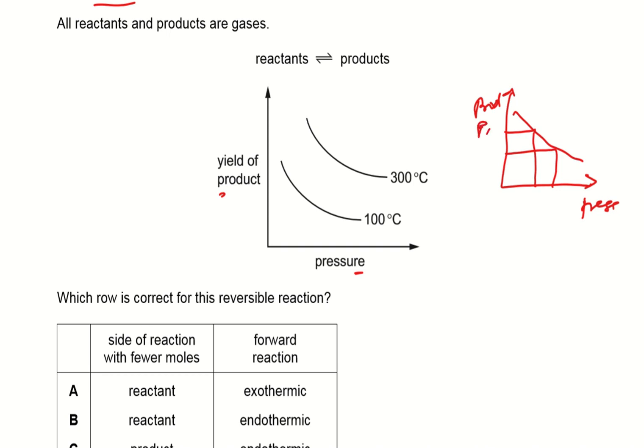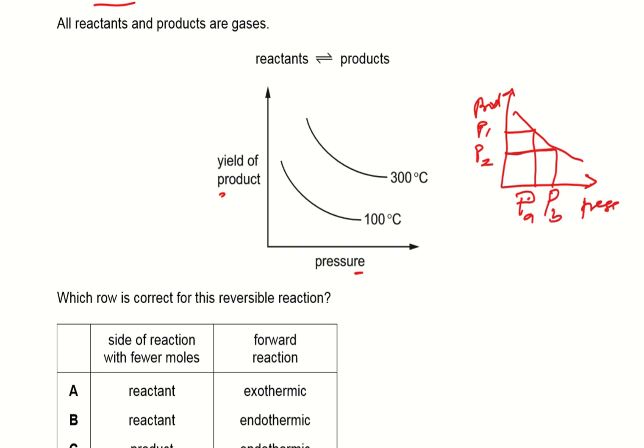This is product 1, and this is my pressure 1. You can see that. Now when my pressure increases to B, my product falls down to P2. So an increase in pressure reduces the product formed according to this graph. That's what this graph is saying.